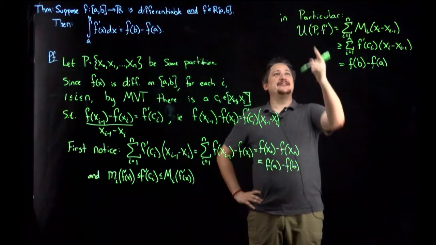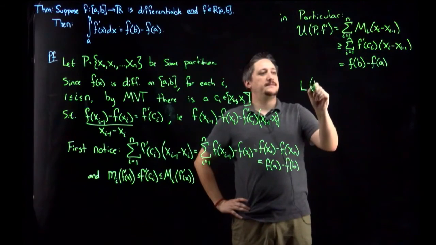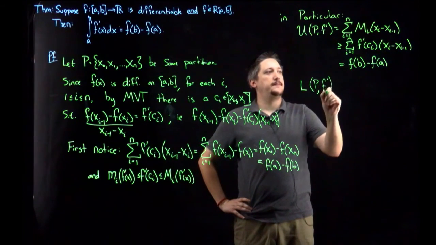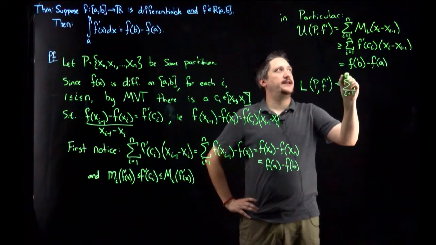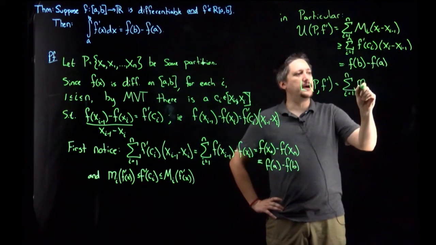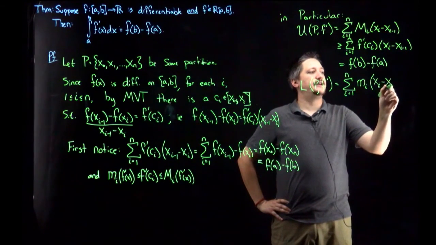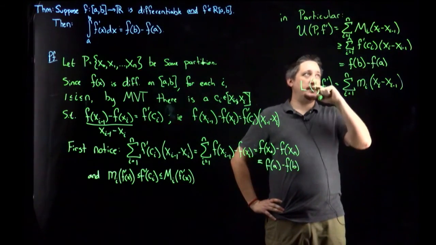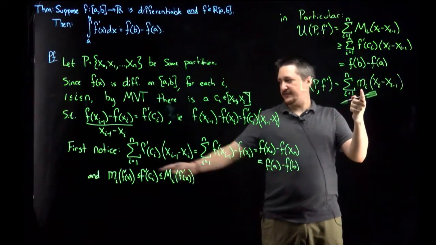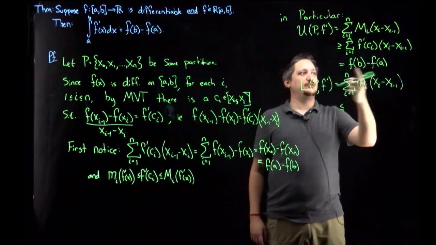All right, so importantly, the upper sum is bigger than that. Moreover, the lower sum, P to f prime, which is the sum, i going from 1 to n, of little mi times xi minus 1. This thing is going to be, because it's the smallest, right? It's going to be less than that, which equals that.